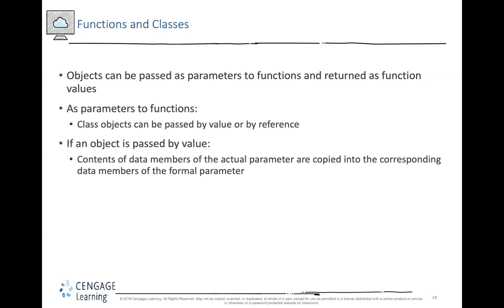That copy happens when you invoke a function with a class object whose parameter is declared to pass by value, where you're not using the ampersand as the type. In that case, it will invoke the copy assignment operator. It's the same situation as when you just use the assignment operator.